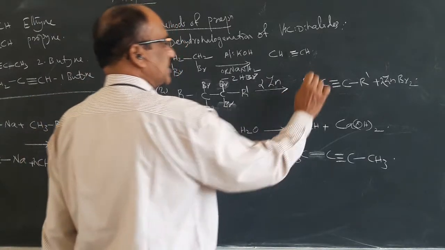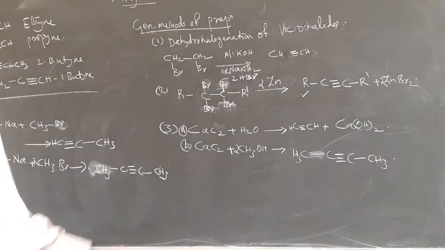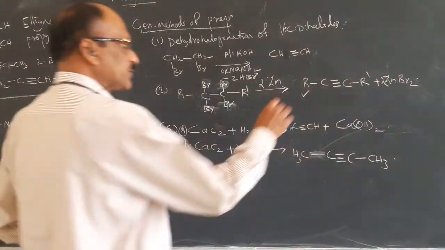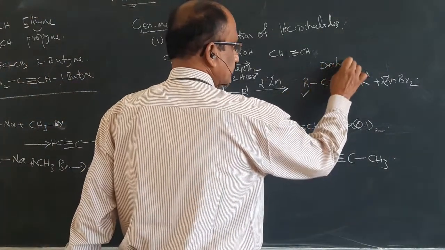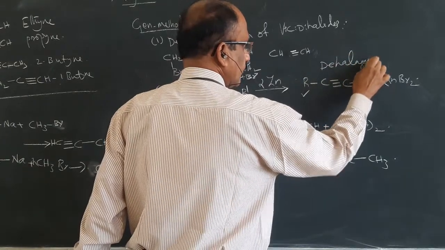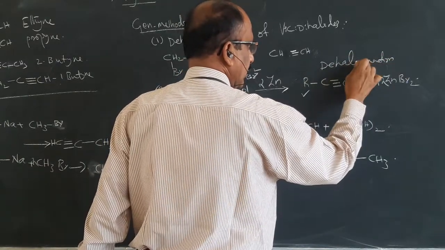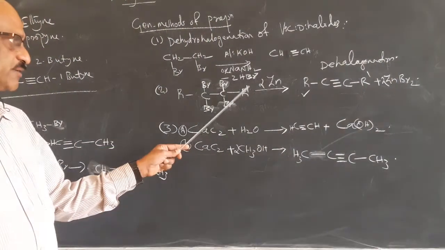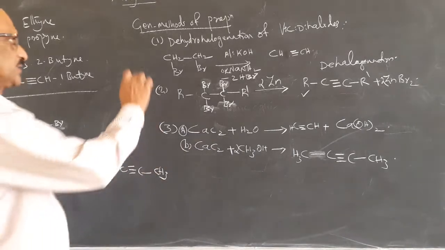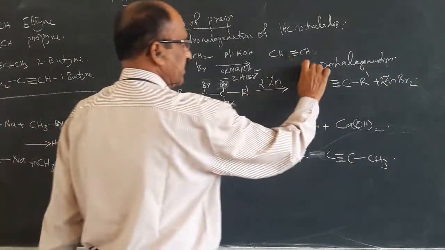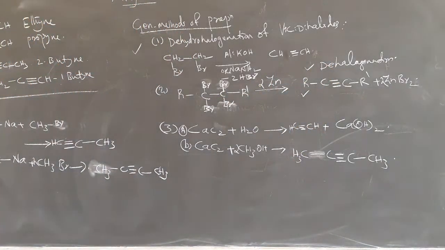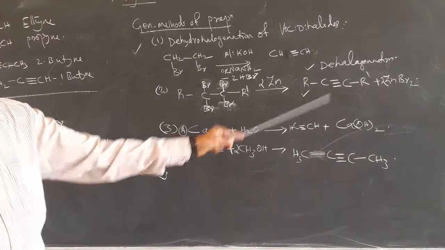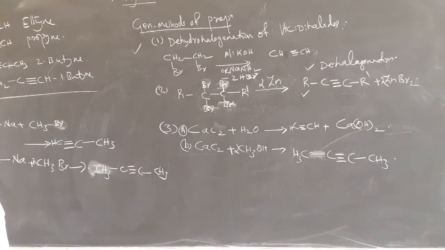So you are going to get the corresponding alkyne. The first one is dehydrohalogenation, the second one is simply dehalogenation, where halogen atoms are removed by using zinc metal. That is the second method. Here also you can produce the corresponding alkynes.